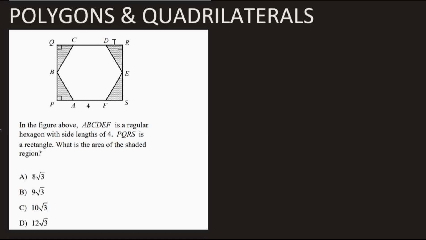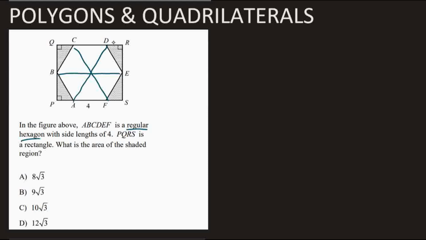And here it says that a regular hexagon. So this is the center of hexagon. We just make a line here, and there is a diagonal here of the hexagon.